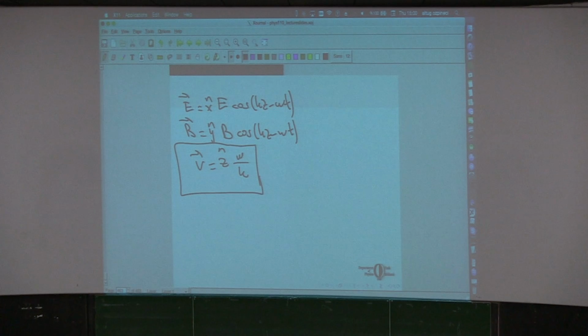If we can determine a relation between omega and k, we can answer what the speed of this wave should be.